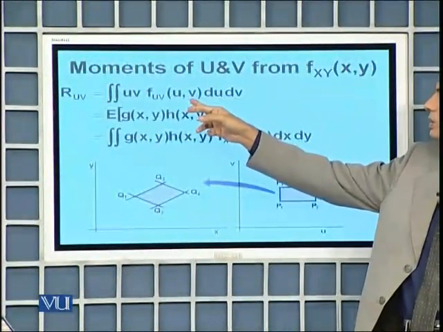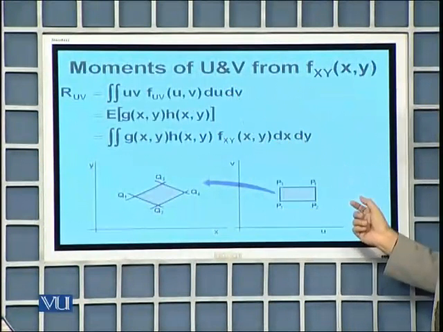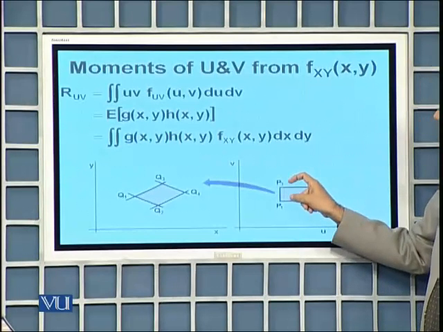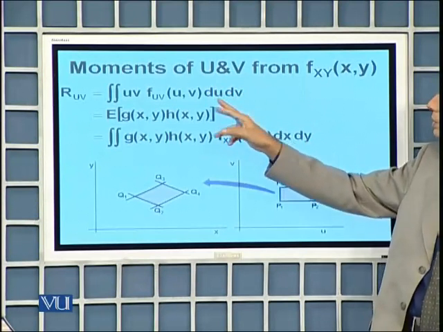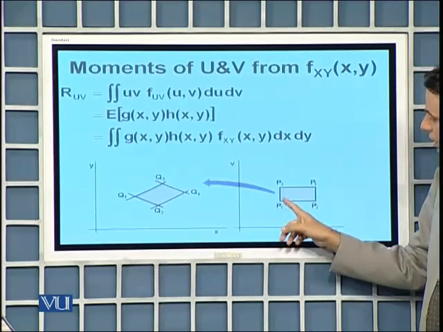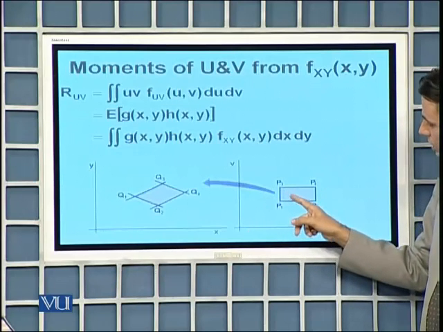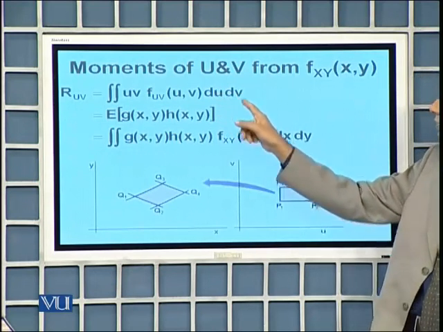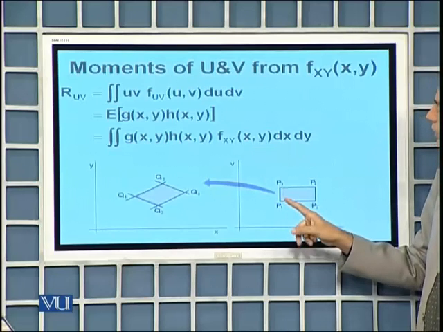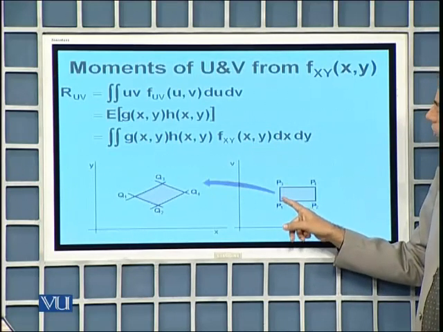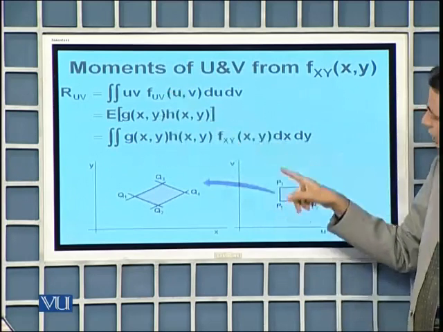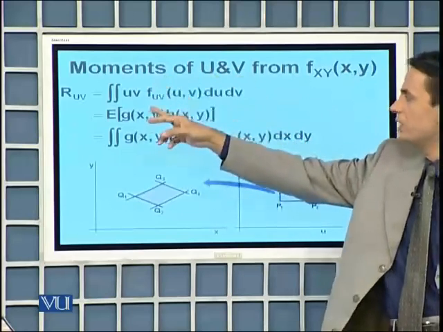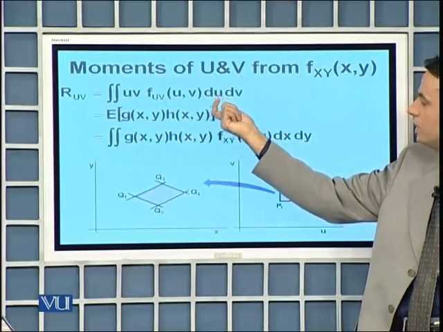If you look at this evaluation and divide this whole UV plane into small rectangular regions of very small width and very small height, then this expression is equivalent to taking a value of u here, a value of v here, taking a small region of width du and height dv, taking that area du times dv, multiplying with the value of the joint PDF at this point, multiplying it with the value of u here and the value of v here, and adding all these values of u times v times the joint PDF of u and v times du times dv.